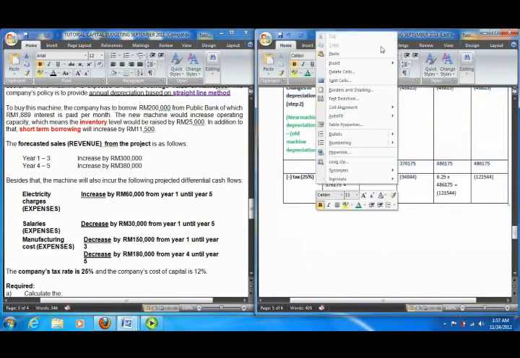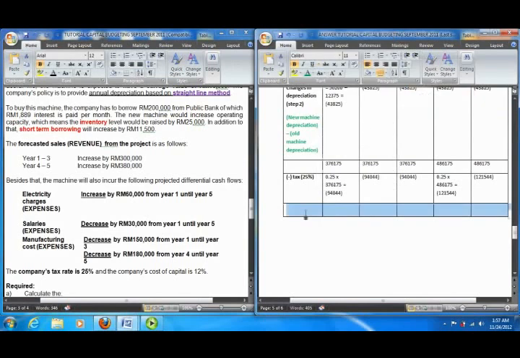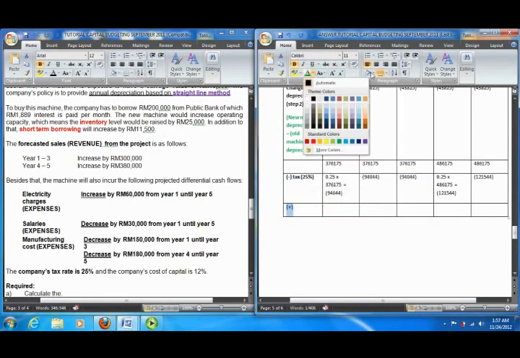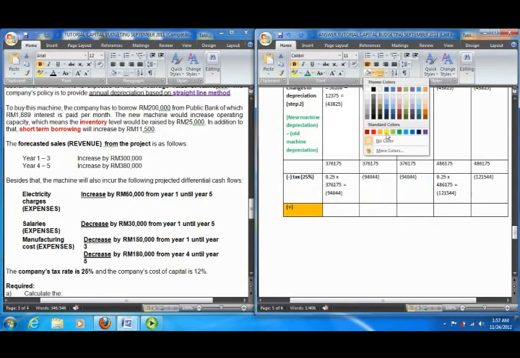Okay, done. Alright, class, last, don't forget to plus. This is compulsory. This is the format, alright? After minus tax, in the last column, you need to plus.